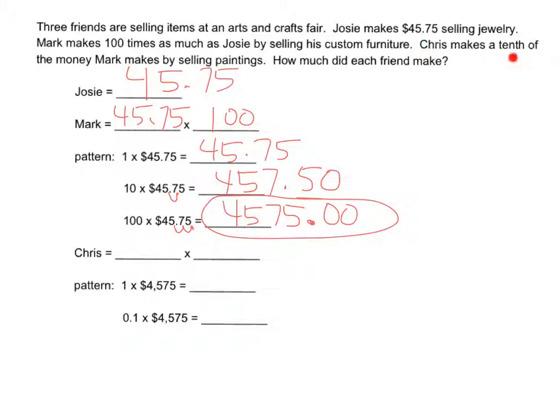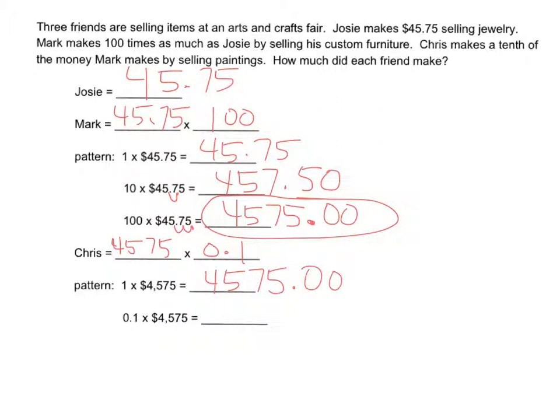Okay, now we're on to Chris. It says Chris made 1/10 of the money that Mark makes. So Mark had the 4,575, and it's times 1/10 because it says he made 1/10 of that. So it would look like that. Okay, I'm using that pattern again. 4,575, I could put decimals on that if I wanted to.